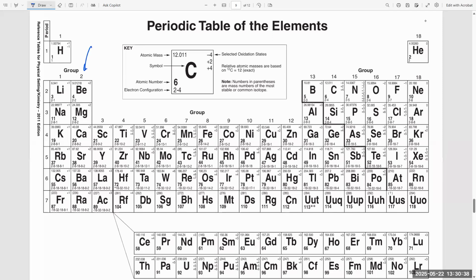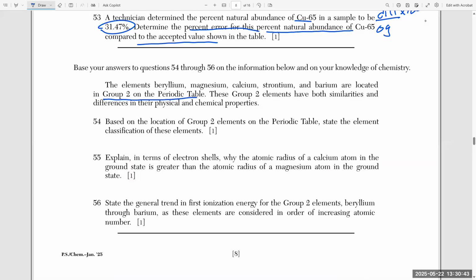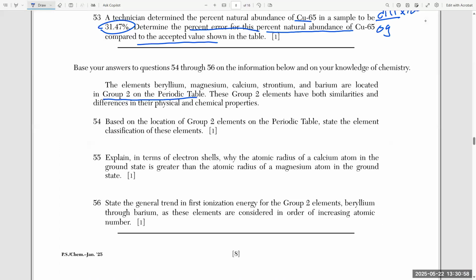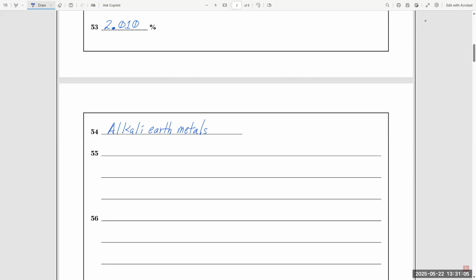This is the group, and we know this to be the alkali earth metal. Now, it says element classification, which means that you could probably also get away with saying metals versus nonmetals, right? That should be also okay.